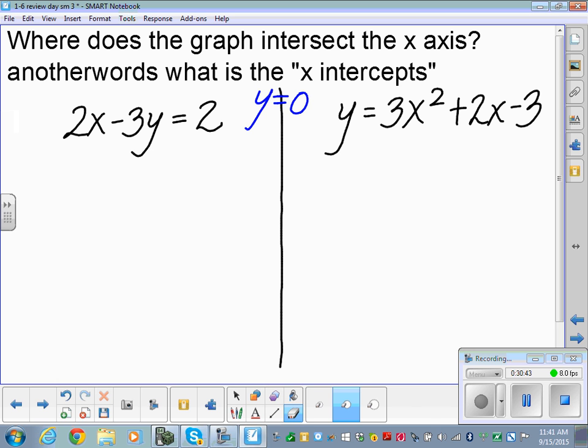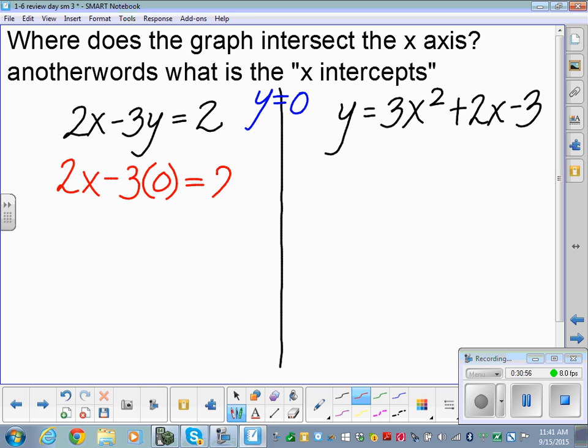All right, so we're trying to solve for x when y is equal to 0. So I'm going to go ahead and plug in a 0 wherever there's a y. So we have 2x minus 3 times 0, which is equal to 2. So then I have 2x, and then -3 times 0 is 0. So 2x plus 0 is equal to 2.